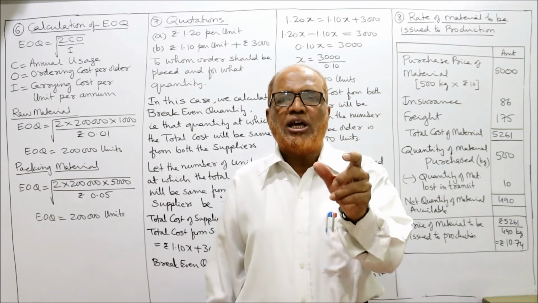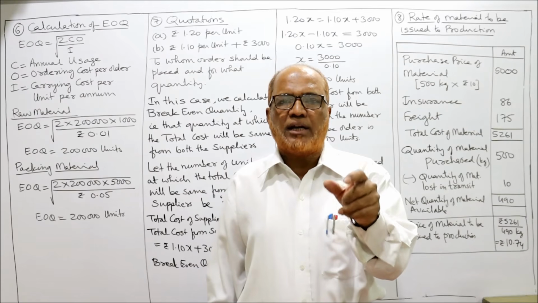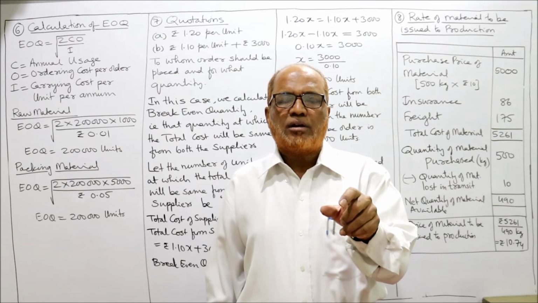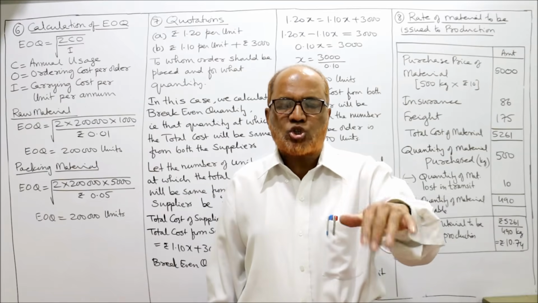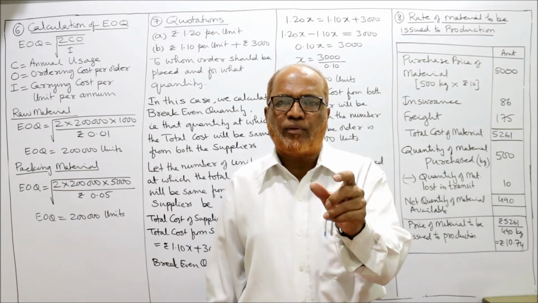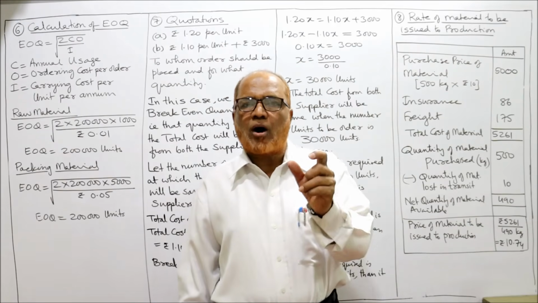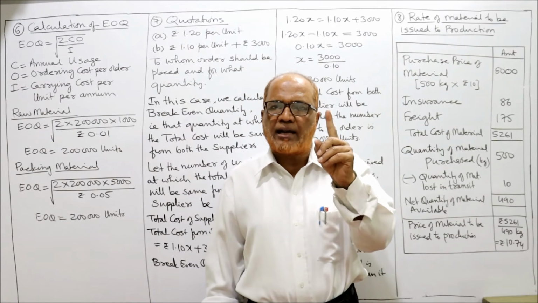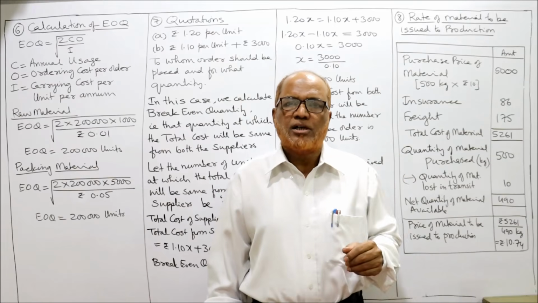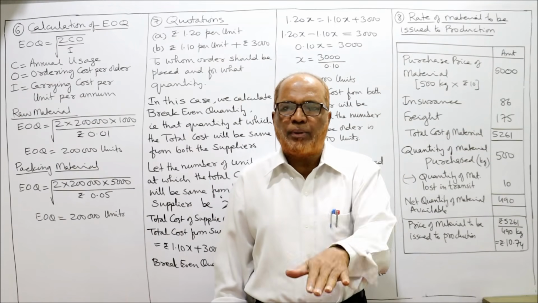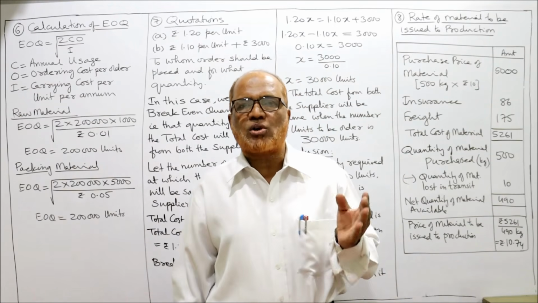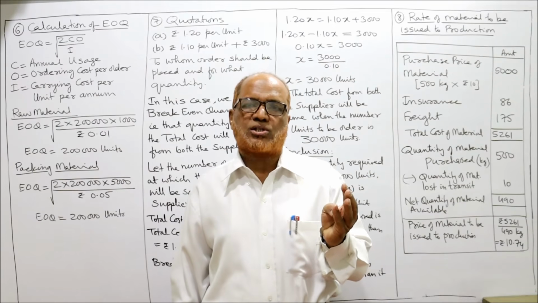Again I repeat, EOQ is that quantity to be ordered to the supplier at which the total inventory cost will be minimum. That means how much quantity to order at a time so that the inventory cost will be minimum. The inventory cost consists of carrying cost and ordering cost.